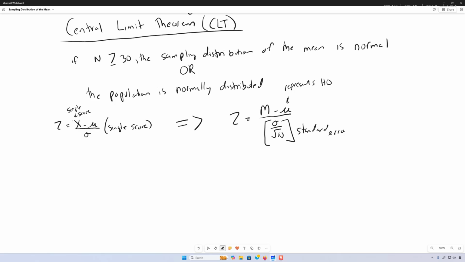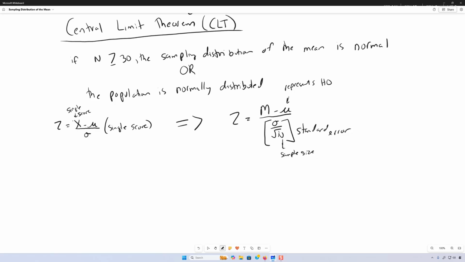And the most important thing is I can make the denominator small by increasing my sample size. N is our sample size, right? So if I increase n, I make the denominator small. If I make the denominator small, then the numerator over a smaller denominator will give me a bigger z. And if I get a bigger z, I can then reject the null hypothesis easier.